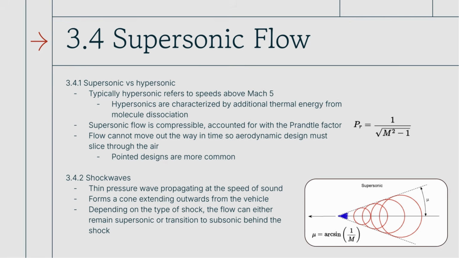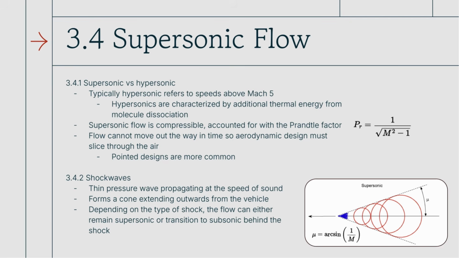All right. So shockwaves are basically very thin pressure waves. It's essentially a discontinuity in your flow. You're traveling supersonic before the shockwave, you hit the shockwave, and then typically you're subsonic after the shockwave.